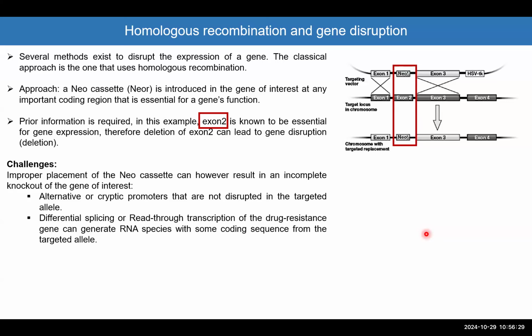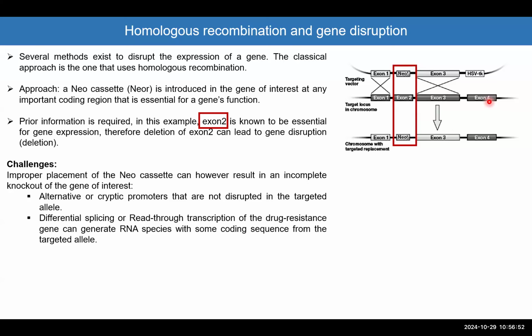So this is a practical example from a paper where they wanted to knock out a specific gene. Recall that if, for example, you have this gene, this is the wild type gene in the genome. It has exon 1, exon 2, exon 3, and exon 4.